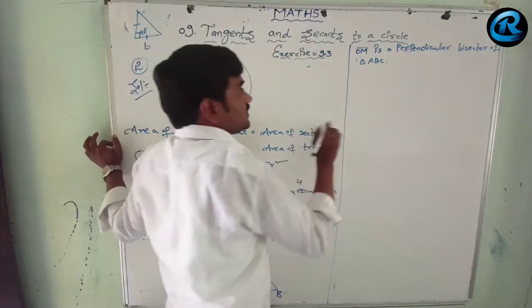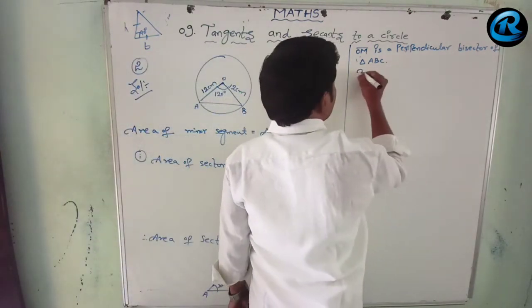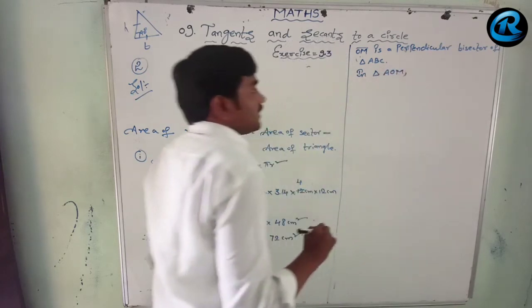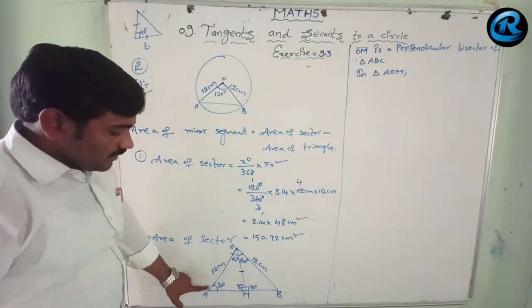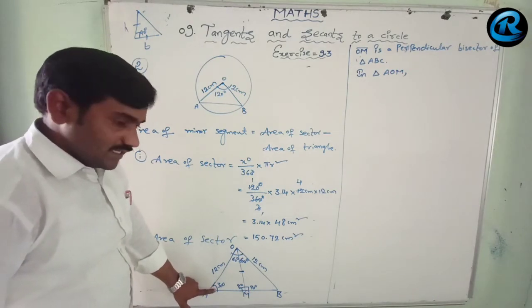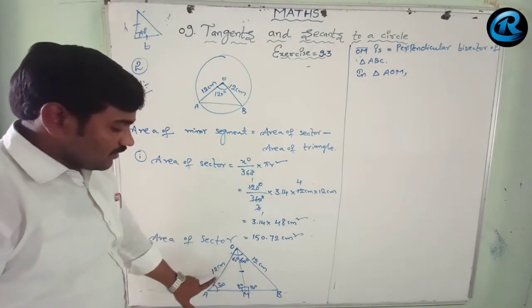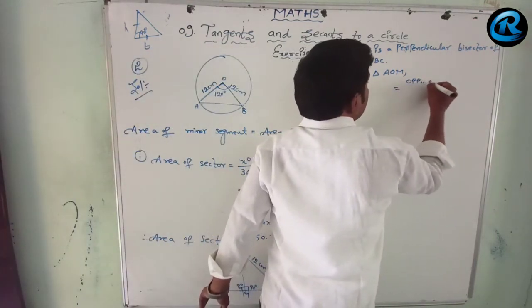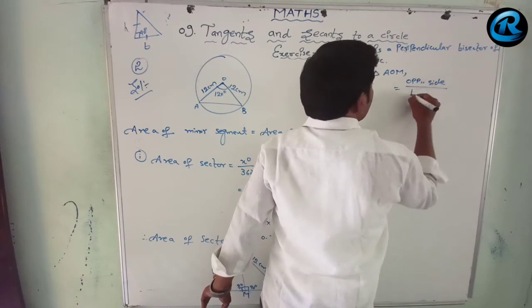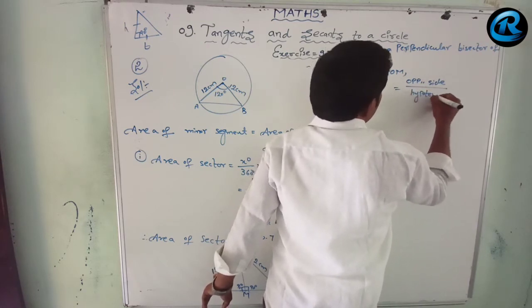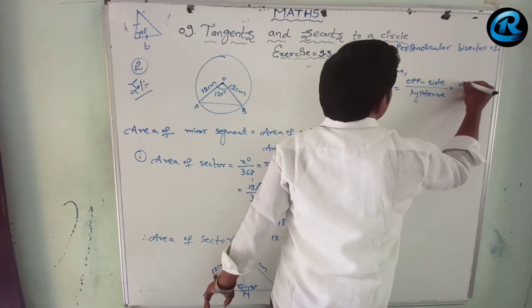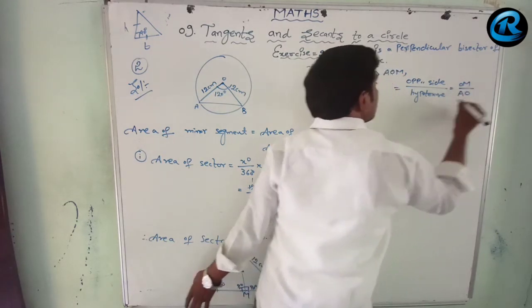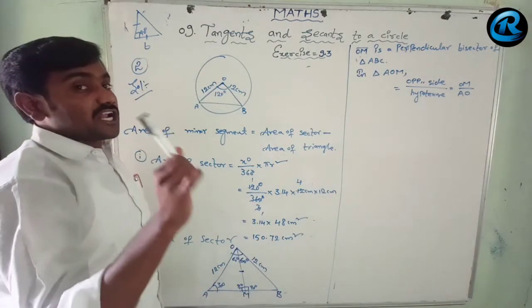In triangle AOM, for this 30 degrees angle, the opposite side OM by hypotenuse AO.